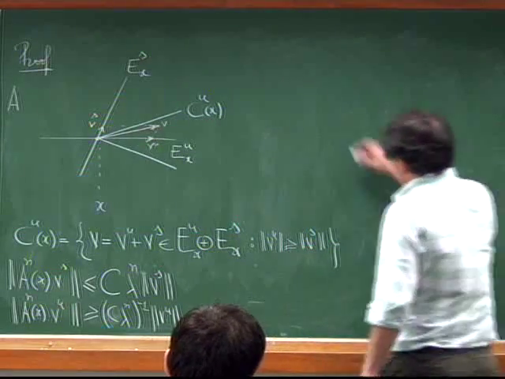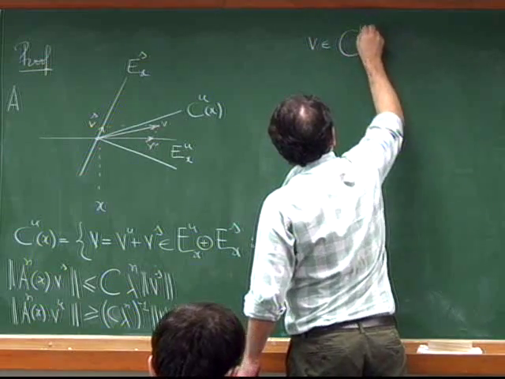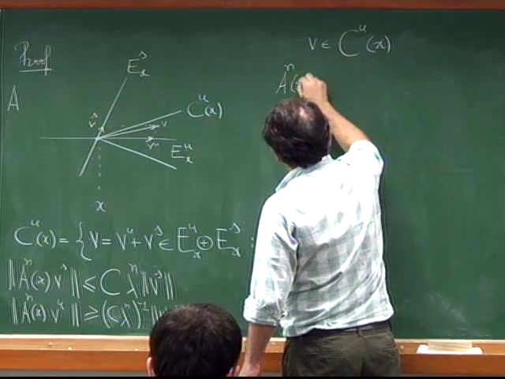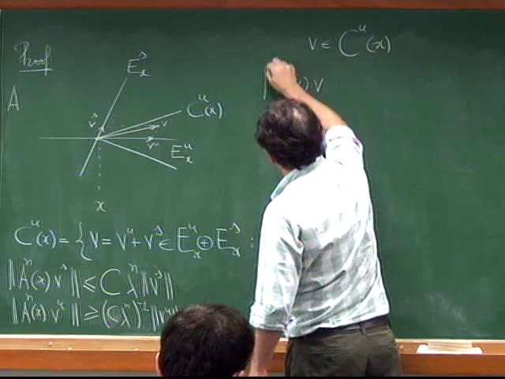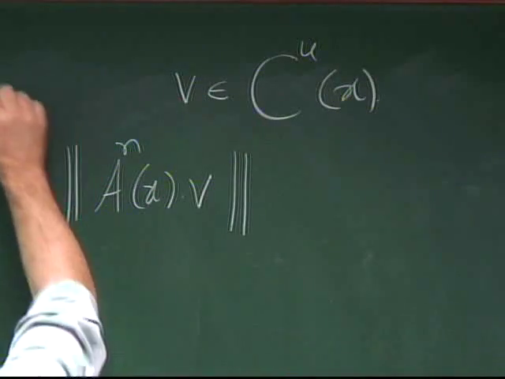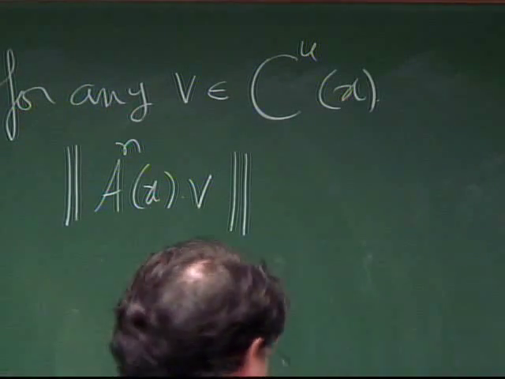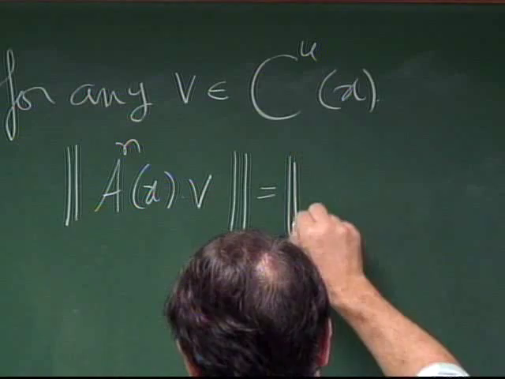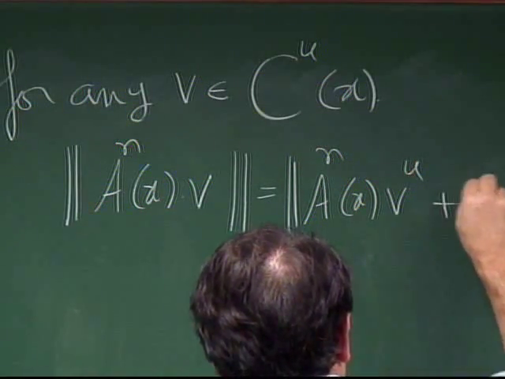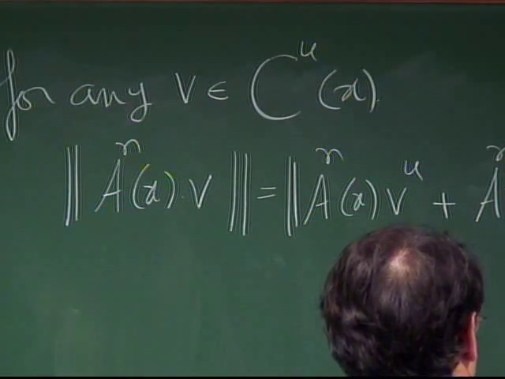Okay, so if you take v inside that cone and you start to iterate, the iterates are just the sum of A^n v^u plus A^n v^s. This is a linear map.